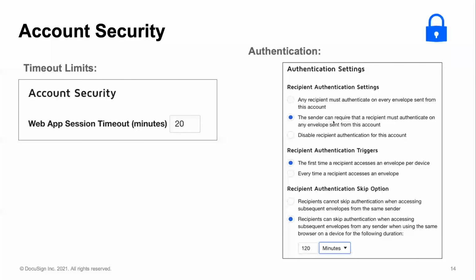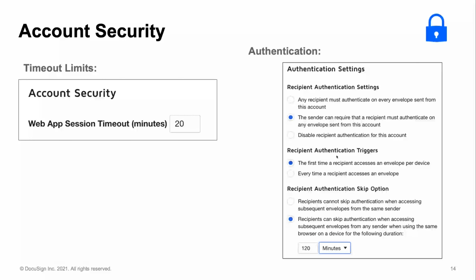Maybe it's up to the sender to require that a recipient must authenticate, or do we want to disable authentication entirely? Now, I would say maybe the middle option is what's most common in my experience, just because at that point you're leaving it up to the sender. You're not turning it off completely and you're not requiring it for every transaction that's being sent.